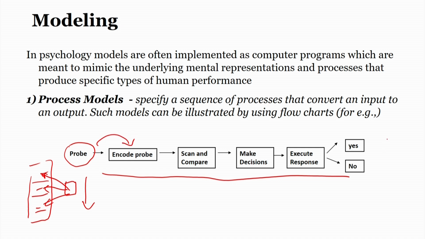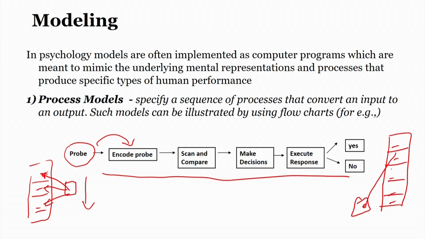Prior to this, people are given a list to remember, and the list has several numbers or several letters in it. The job of the subjects is to look at a probe and find out whether this probe is present in this list or not. And to explain this process, a process model can be developed.